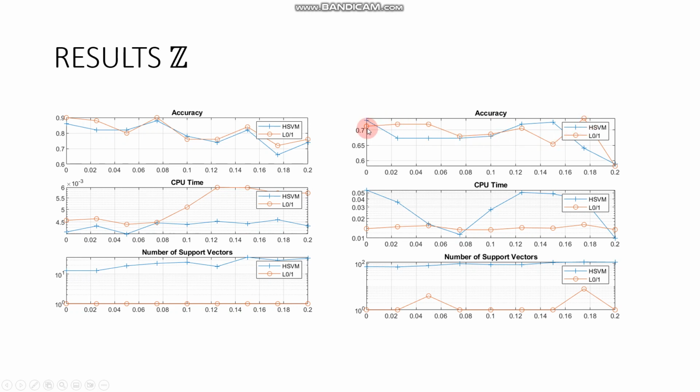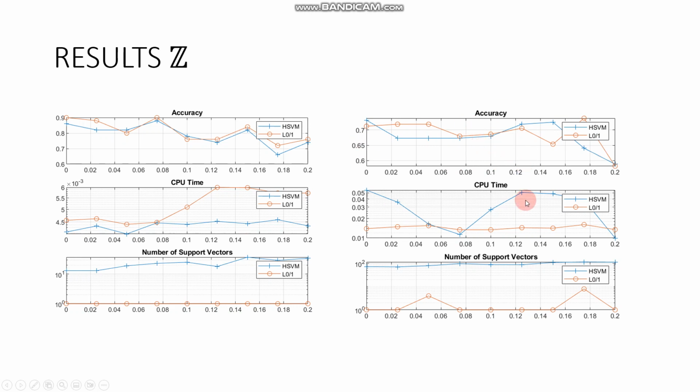Starting with L01 performing better with zero outlier ratio, and then these things change a little bit when we increase the outlier ratio more, and then again L01 performs better. And this is also valid for CPU time, but in general, on average, still L01 SVM performs better in terms of CPU time, and this is also valid for the number of support vectors. For the integer values, still L01 somehow performs better, but I think this is not extremely reliable.